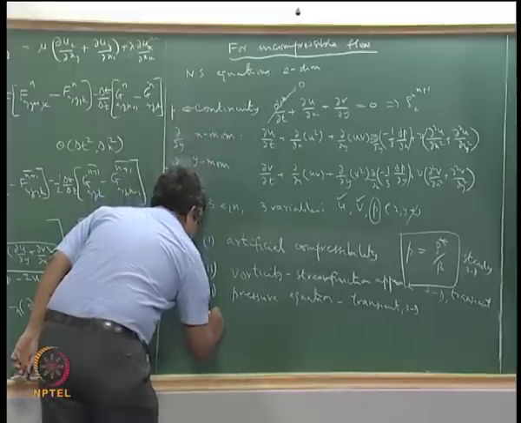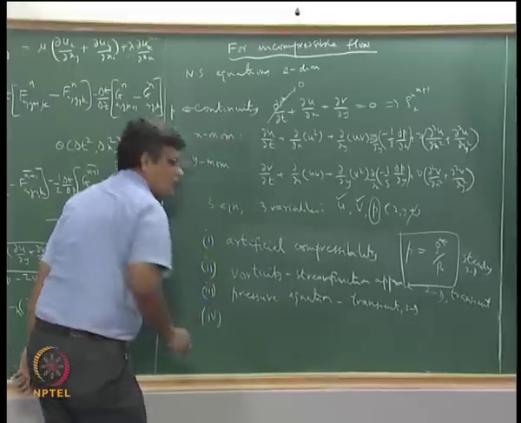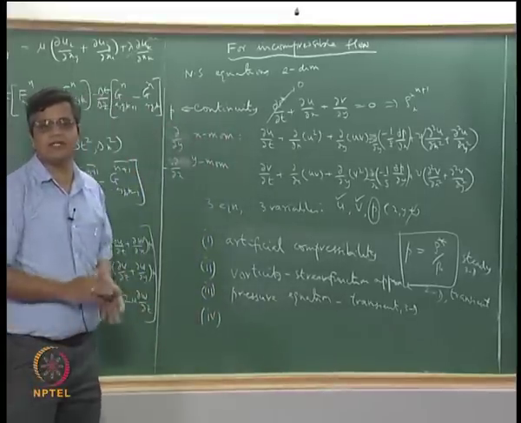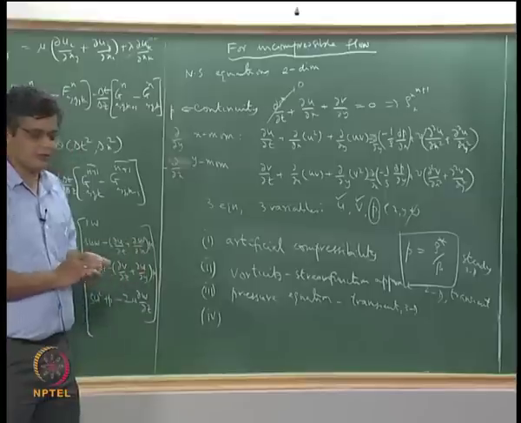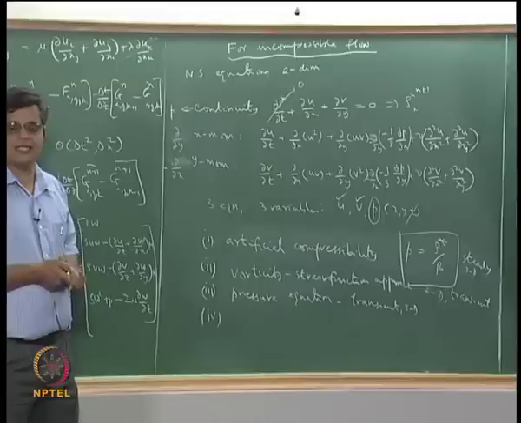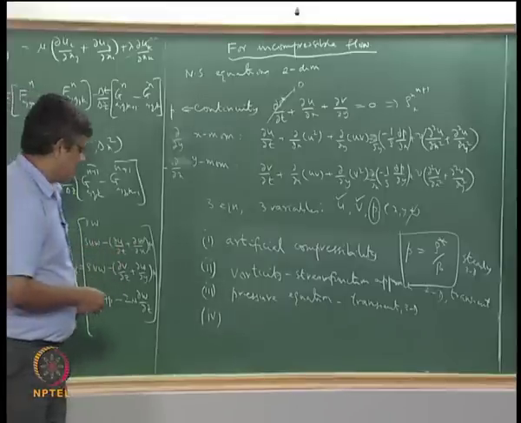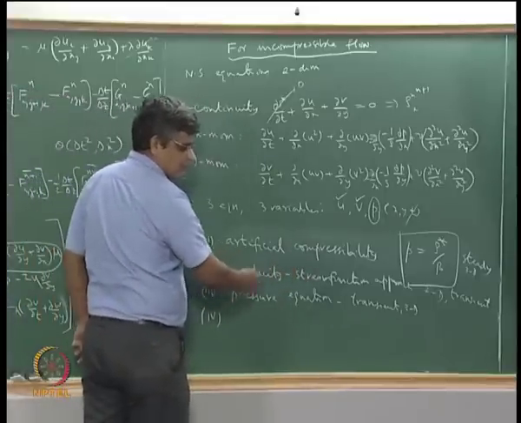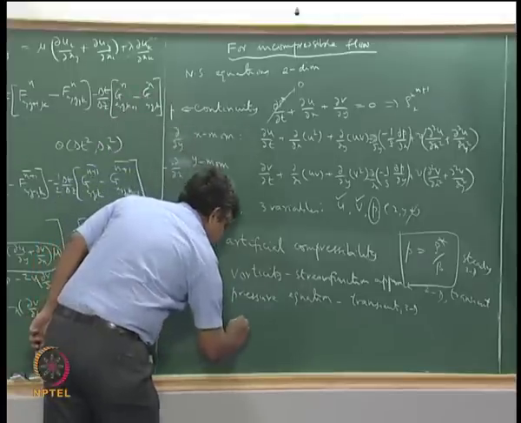and the fourth method, which is much more often used, especially for incompressible flows and especially for chemical and process engineering applications, is instead of solving for pressure directly, we solve for a pressure correction.